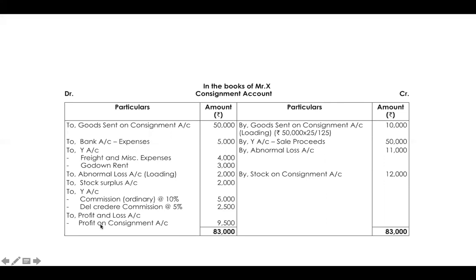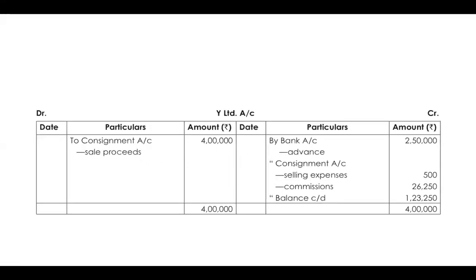Profit on consignment is transferred to the profit and loss account. And this is known only to the consignor, that is Mr. X. It is only in the books of the consignor, not in the books of the consignee. It is not even known to the consignee. Look at the consignee's account. Now look at this.